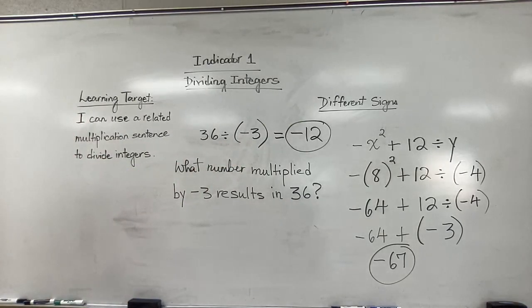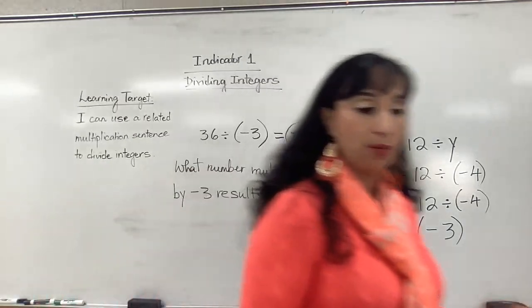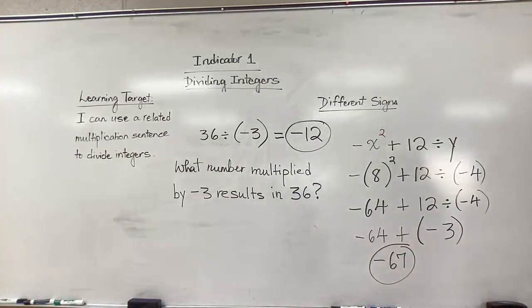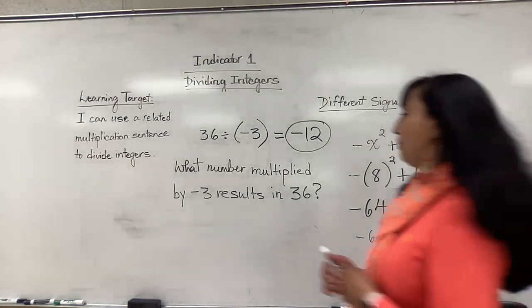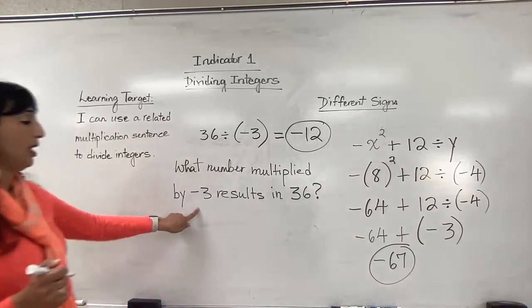When I look at this, I know that the quotient of two integers with different signs is going to be negative. And if I multiply something with the same signs, it is going to be positive, because multiplication and division have the same rules.